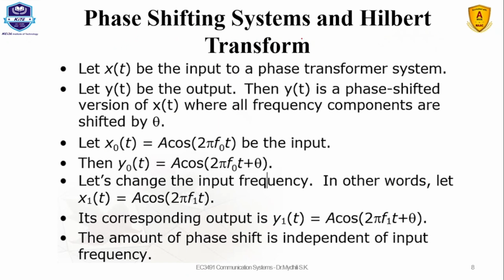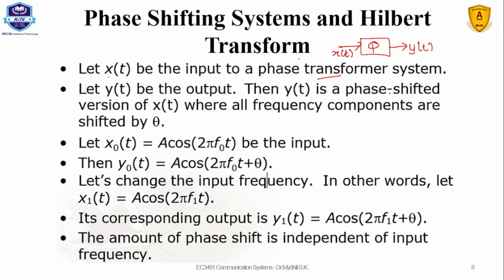The phase shifting systems and the Hilbert transformations are explained here. Let x of t be the input to a phase transformer system and y of t be its output. So simply assume a system which has an input x of t and produces an output y of t. This system is called a phase transformer system, that is, phase is being transferred.